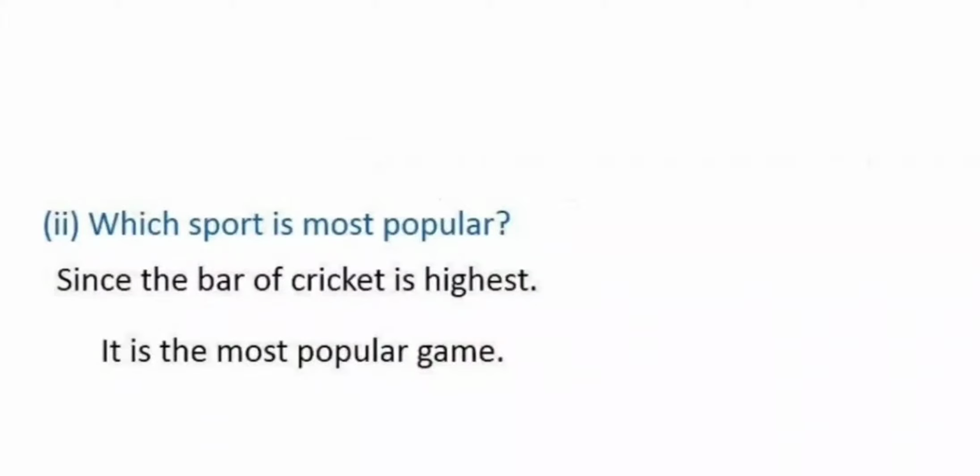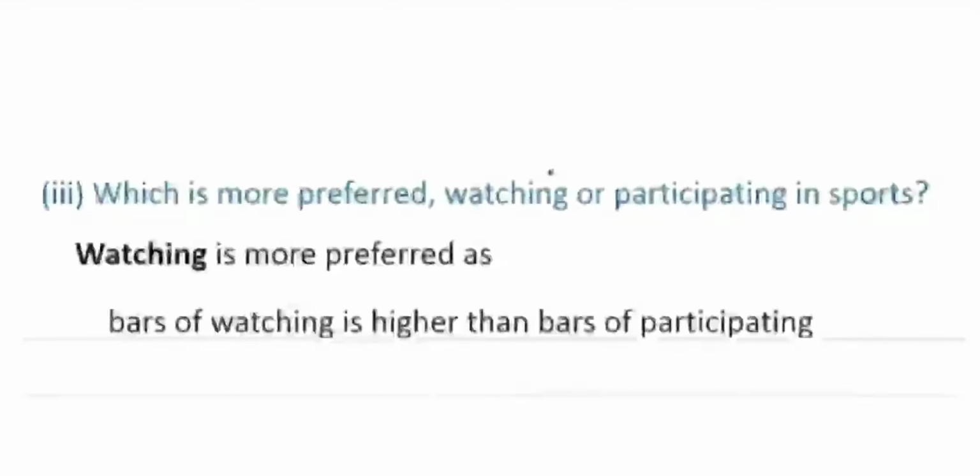Since the bar of cricket is high, it is the most popular game. Which is more preferred, watching or participating in sports? Watching is more preferred as the bar of watching is higher than the bar of participating.